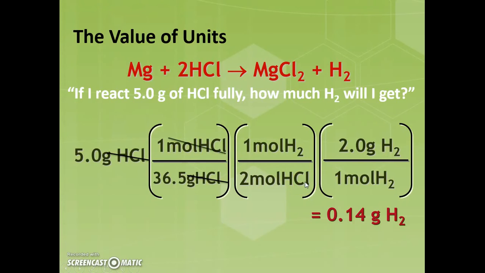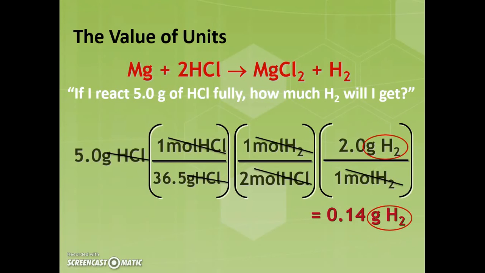Again, they cancel out. Notice that moles of hydrogen gas is on top here and on the bottom here and cancels out. What we're left with is simply grams of H2, which is exactly what we were asked for when we started. So this approach for using one big equation for the slingshot, in fact, is inherently checking our data as we go.